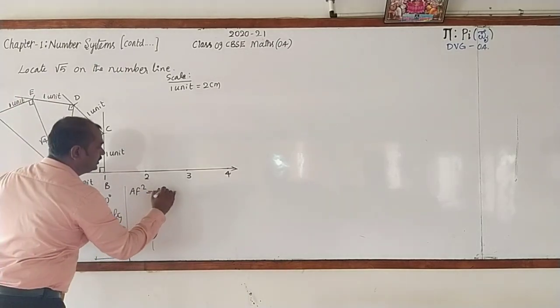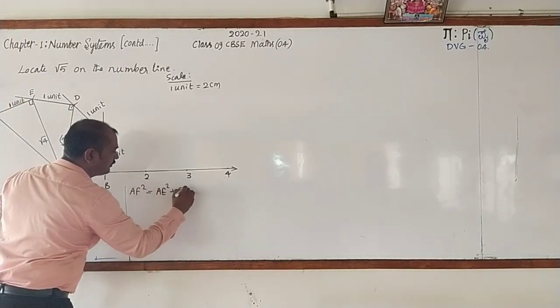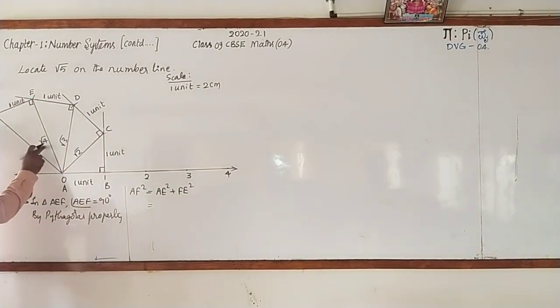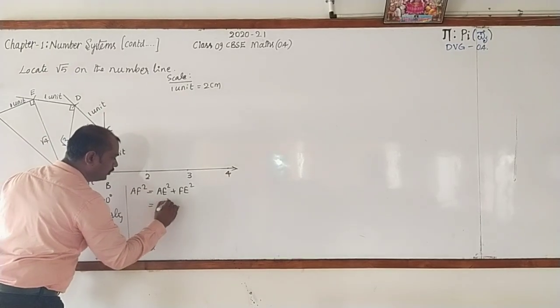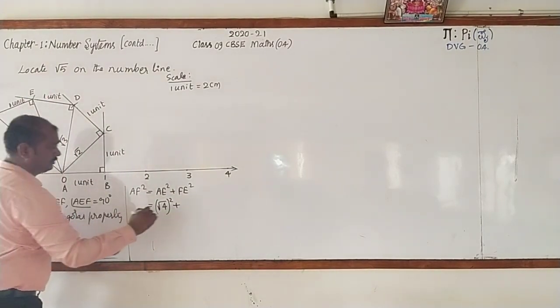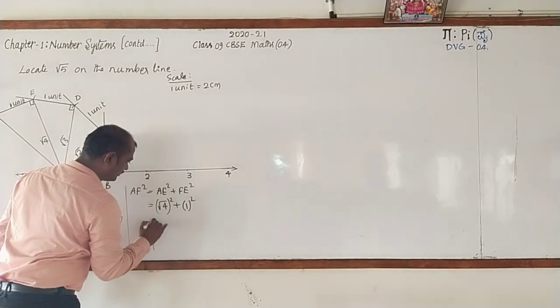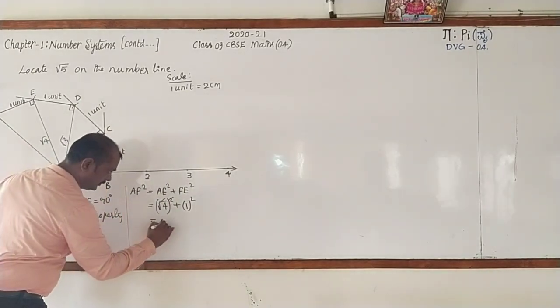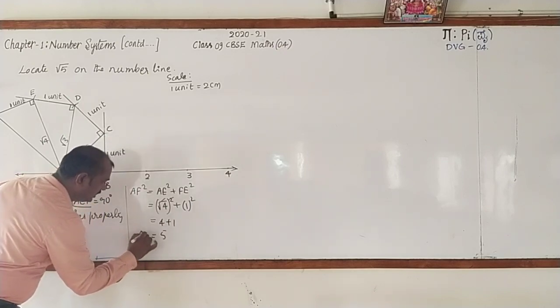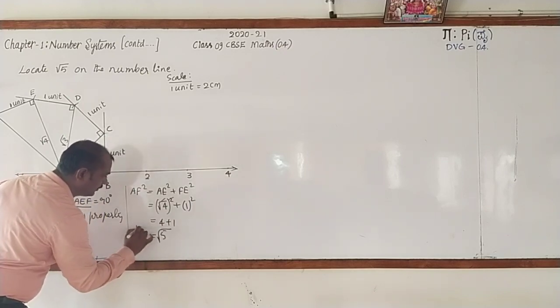So I will write AE square plus FE square. What is AE? AE is root 4 whole square plus FE, it is 1 unit, 1 square. Square and root get cancelled. This is 4, 1 square is 1. This is 5. So AF equals root 5.